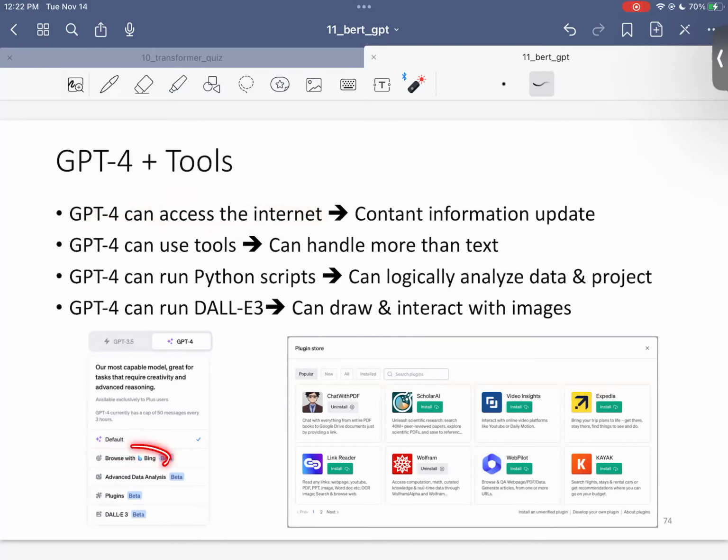In this mode, GPT-4 is able to access the internet and answer your questions that require more recent information than 2024 September, which is where GPT-4's knowledge is frozen, right? And with advanced data analysis, GPT-4 has access to a Python interpreter, so it can write code, run the code in its own interpreter, and give you the answer.